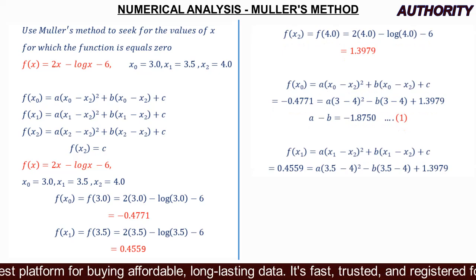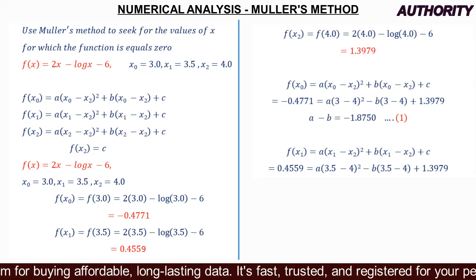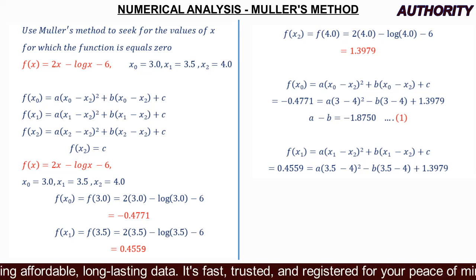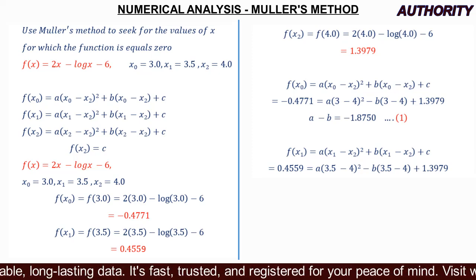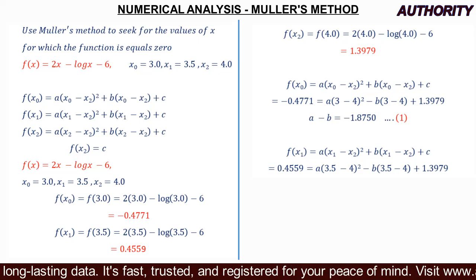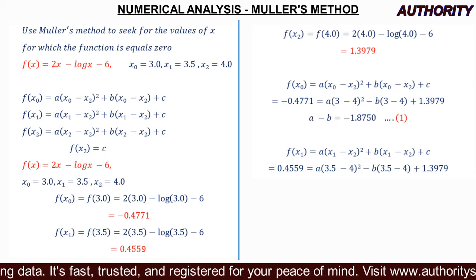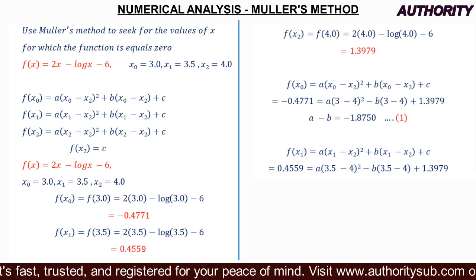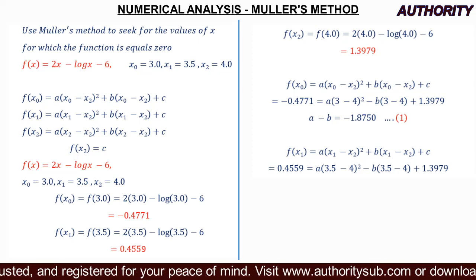F of x1 is what? Is 0.4559. We say is equal to a open bracket x1 is 3.5 minus x2 is 4. So here we have 3.5 minus 4 in bracket squared plus b x1 minus x2, which is the same 3.5 minus 4, plus, you still remember that our c still remains f of x2.